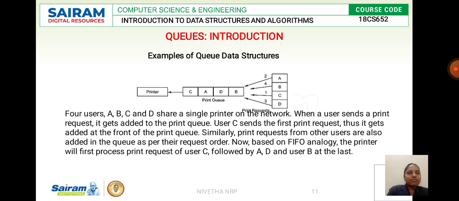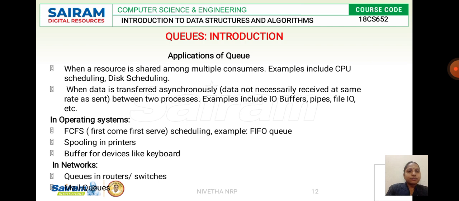C has requested first, so C's service will be provided. C will be printed first, followed by A, then followed by D, and the last requested, that is B, will be serviced last.